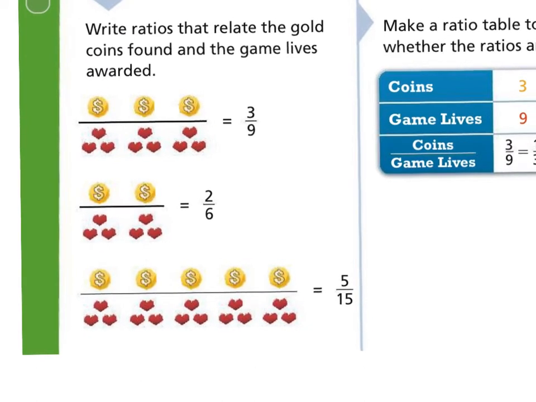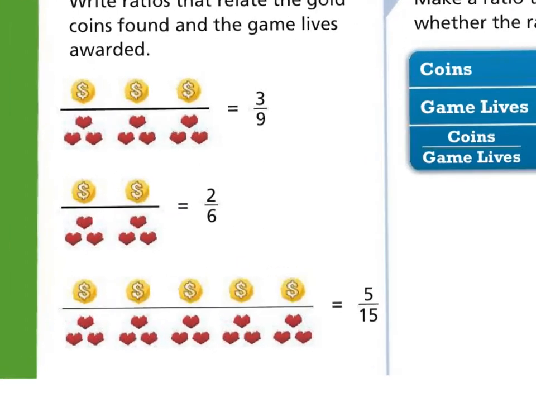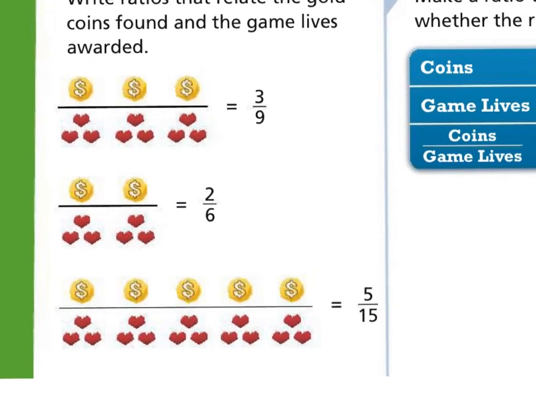We can take that information and write those as fractions, ratios. And then one thing we could do at that point is try to reduce these. So 3/9, if we reduce both of those by 3, that reduces to 1/3. 2/6 reduces to 1/3. 5/15 reduces to 1/3.